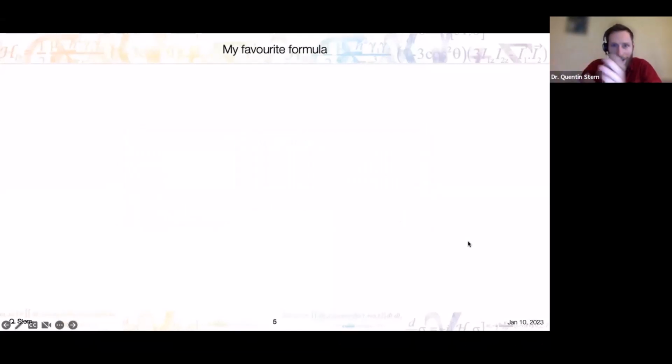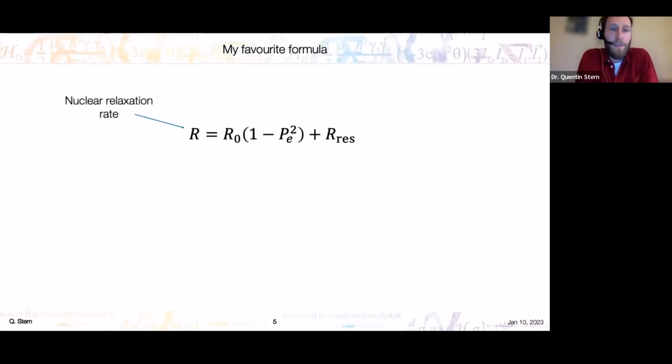And now I'd like to introduce you to my favorite formula. Those who have read my PhD dissertation have seen this formula a hell of a lot because it's present throughout my work. And this tells you about the nuclear relaxation rates when it is dominated by electron flip-flops.